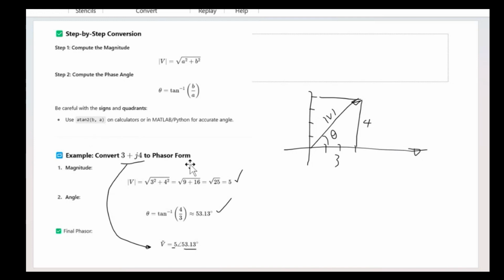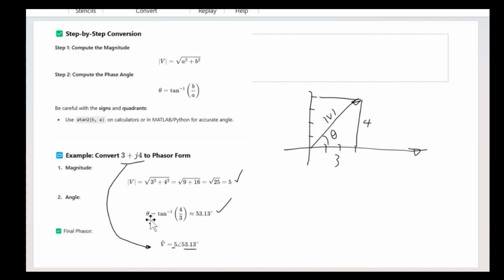We have a numerical example here where we have this rectangular complex number of 3 plus 4j, and first we use the Pythagorean theorem to obtain the magnitude as the square root of 3 squared plus 4 squared, which reduces to 5.